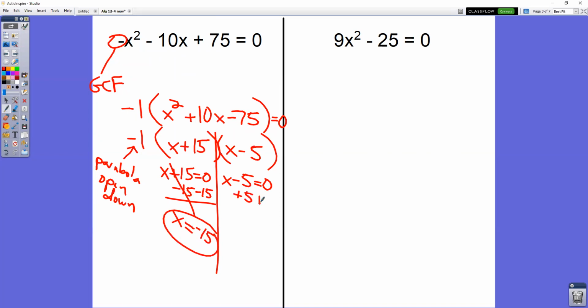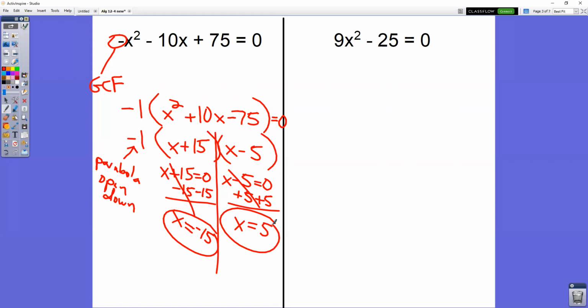Then x minus 5 equals 0, plus 5 plus 5, and x equals 5. So again, anytime that you have that negative number out in front of the x squared, we want to factor out the greatest common factor.